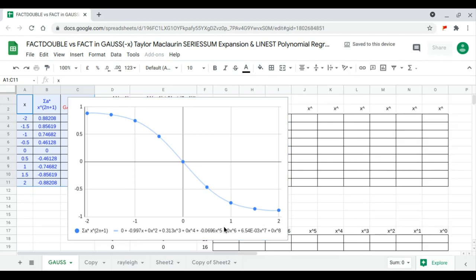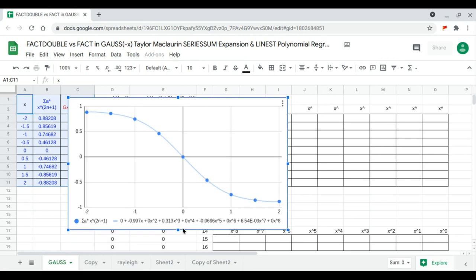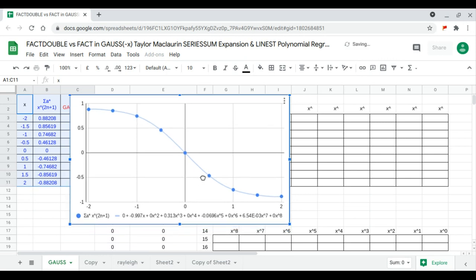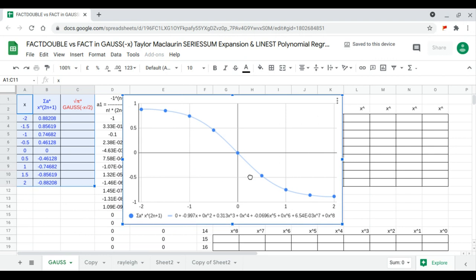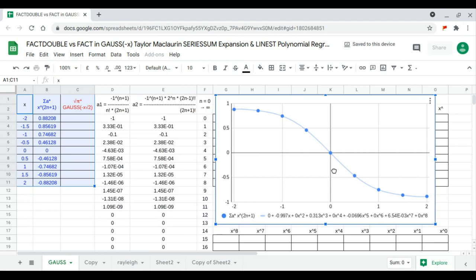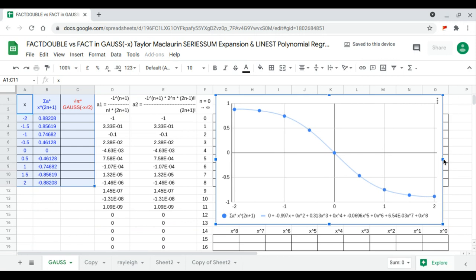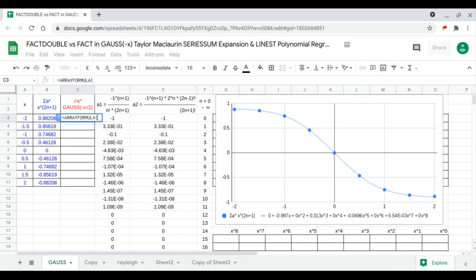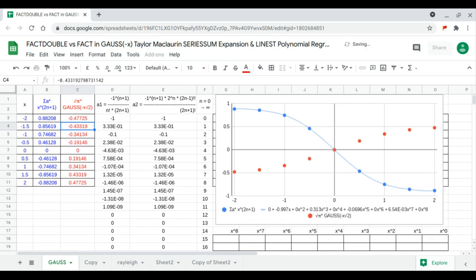So here's the trend line polynomial of the expansion. Next, we continue with the Gauss function. It's a Gauss negative function, so this is equal to array formula Gauss of x, and enter.